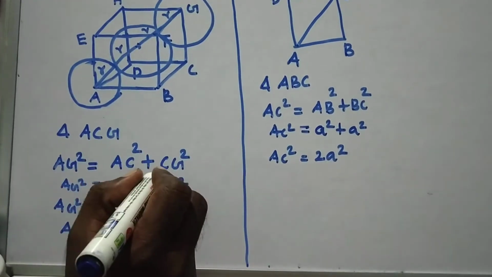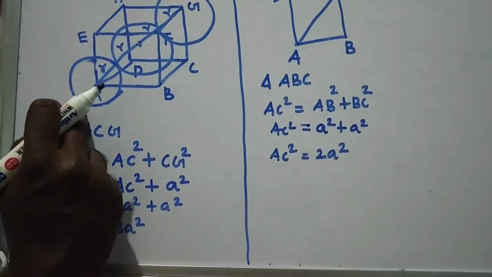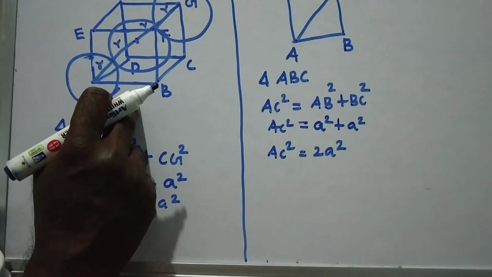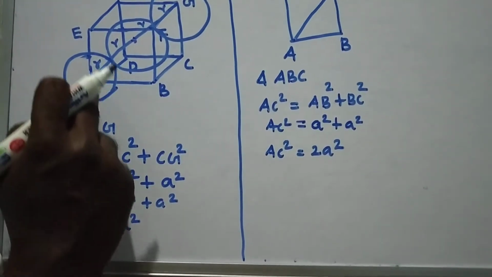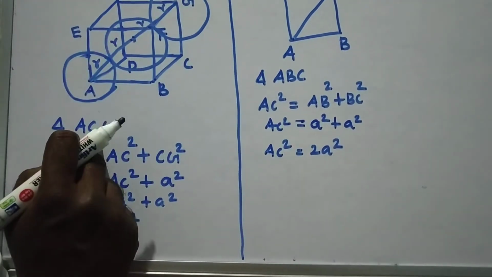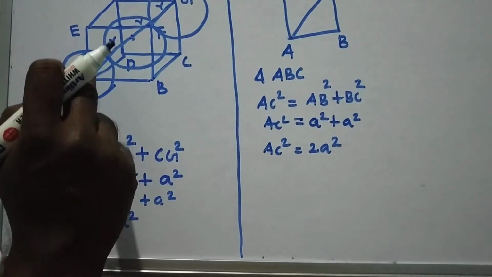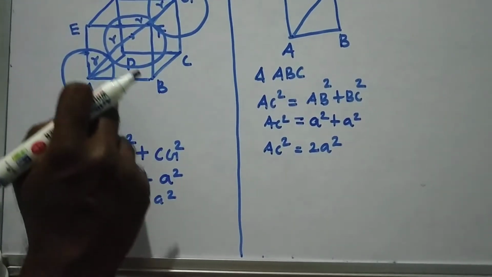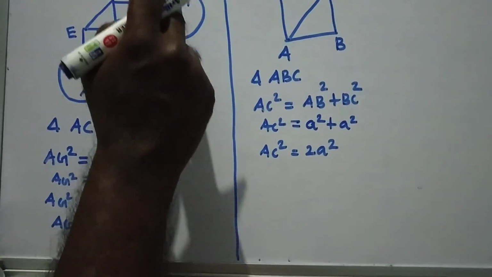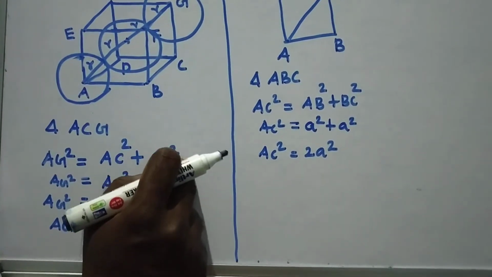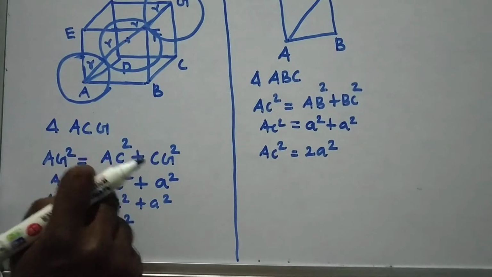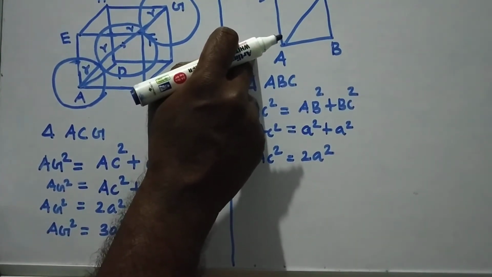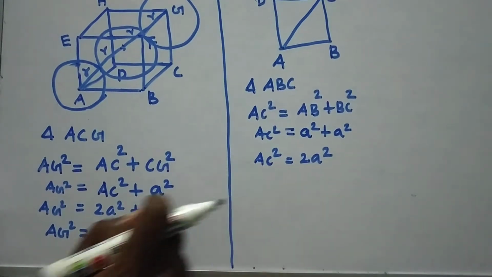Once again, in the right angle triangle ACG, according to Pythagoras theorem, the square of the hypotenuse, AG squared, is equal to the sum of the squares of the opposite and adjacent sides, AC squared and CG squared. We know CG squared is equal to a squared. To find the value of AC squared, we take another triangle. From that, we can find the value of AG squared.